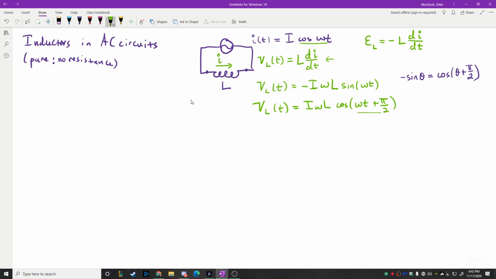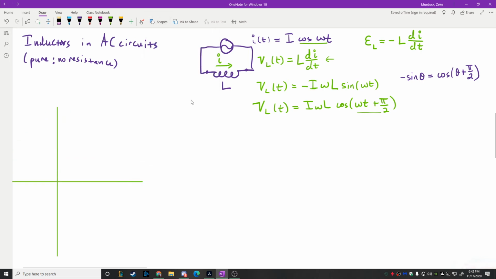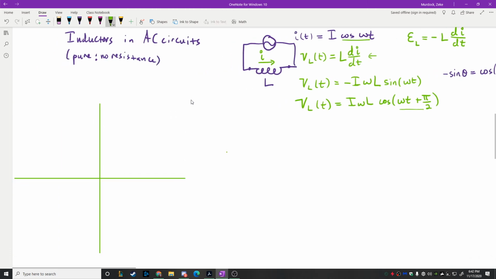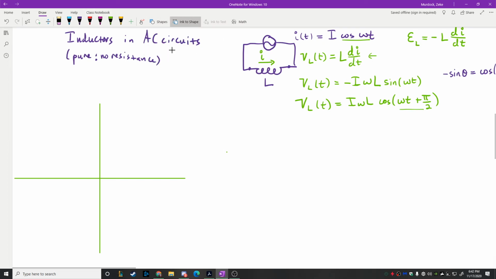So when we draw that on a phasor diagram to get a feeling for what that looks like, then we will start off by drawing an arrow for our current again. So our current on the last diagram, I think we used red, so we'll do that again.